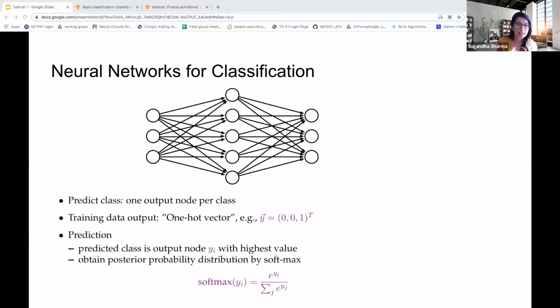So usually at the last layer, we use a nonlinear function called a softmax. It takes the numbers in the outputs and converts them to a probability distribution, because this function takes the exponential of each output and divides it by the sum of the exponentials from all these units.